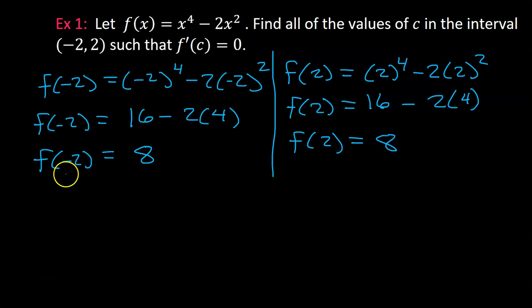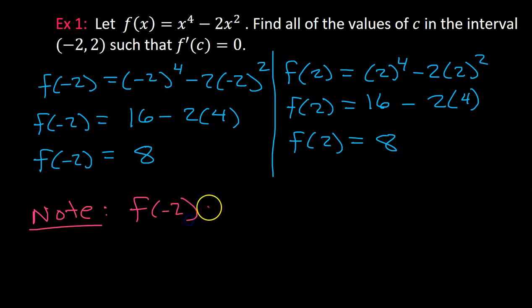So notice that these two are the same. f at negative 2 equals f at 2. So this fits Rolle's theorem perfectly because we have f at a equals f at b.